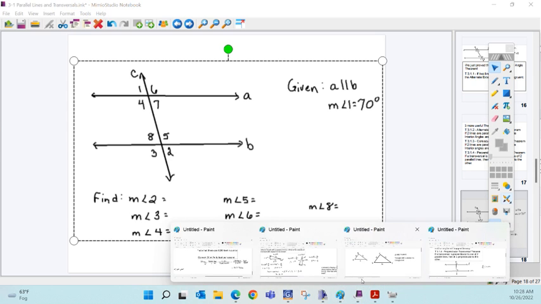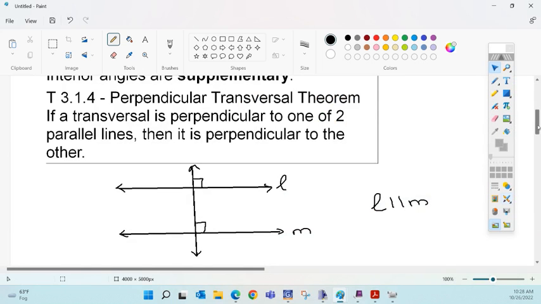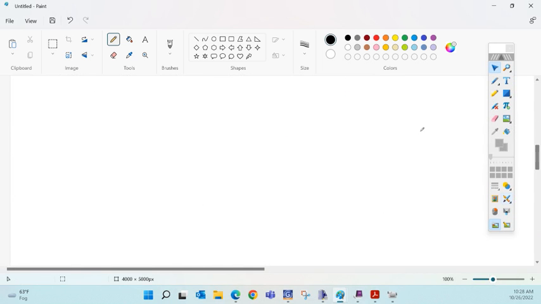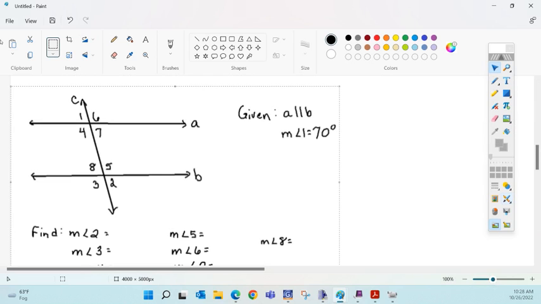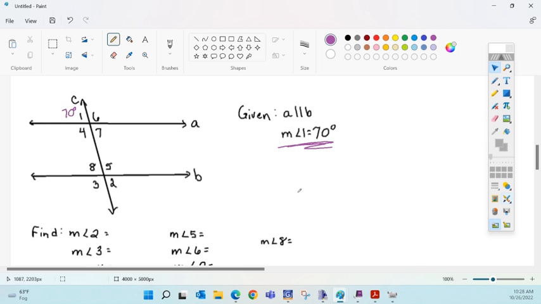Pull this down so I can plunk that right in. It used to just let me draw right on that program, but since it doesn't do that anymore, I have ways. Here we go. So angle 1 is 70. And we're trying to find all of the other ones. Why is angle 1 70? Because it's given to us. Oh, so we take what's given and we write it in.